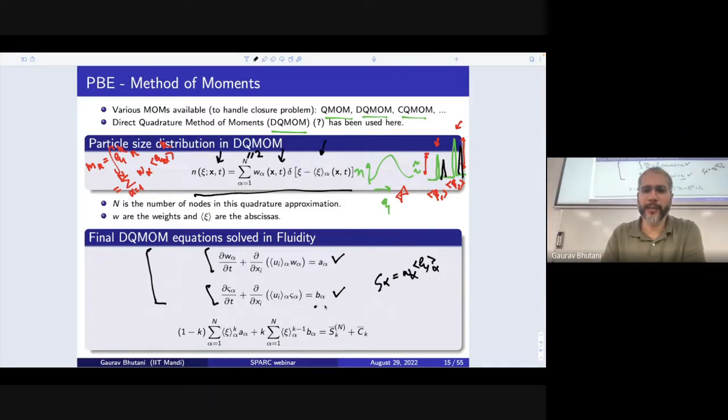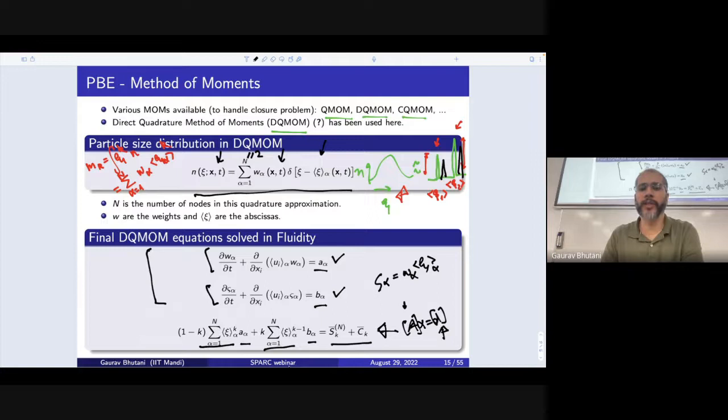And the right hand side of these are related through a linear system. So these A alphas and B alphas are the solution to this A alpha equal to D system, where A is a matrix and D is a vector, known quantities. All the effect of breakage and coalescence is in this D vector. And this A matrix contains information about abscissa values only.